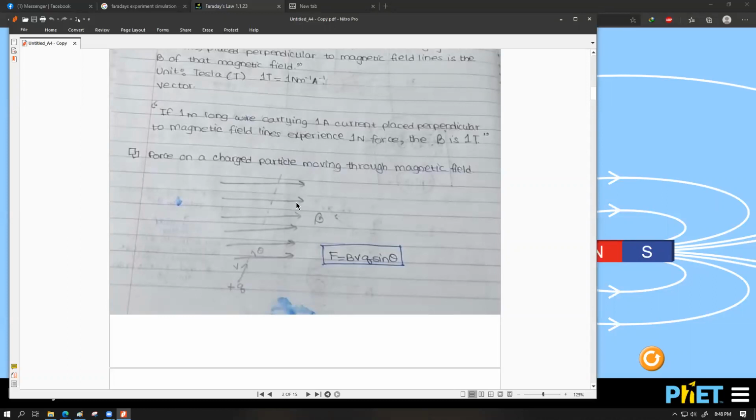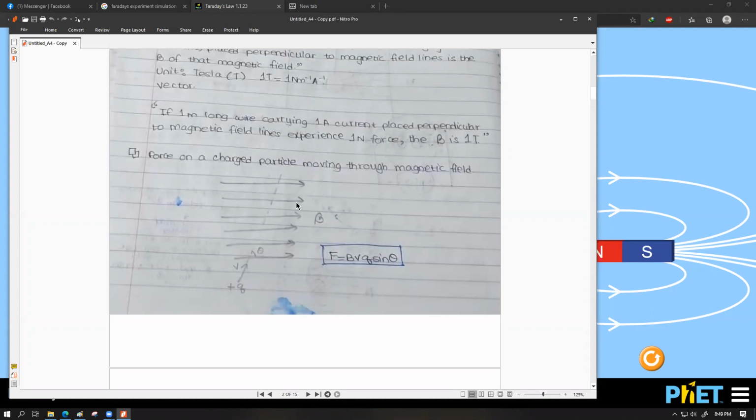So, force on a charged particle moving through a magnetic field. This topic is mostly about how we are going to shoot a charged particle across a magnetic field, and as that charged particle cuts across the magnetic field lines and moves through the magnetic field, it's going to experience some force.